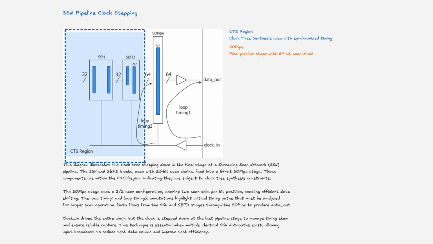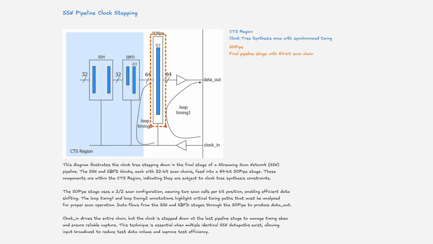This diagram illustrates the clock tree stepping down in the final stage of a streaming scan network, SSN, pipeline. The SSH and SBFD blocks, each with 32-bit scan chains, feed into a 64-bit SO pipe stage. These components are within the CTS region, indicating they are subject to clock tree synthesis constraints. The SO pipe stage uses a 2/2 scan configuration, meaning 2 scan cells per bit position, enabling efficient data shifting.